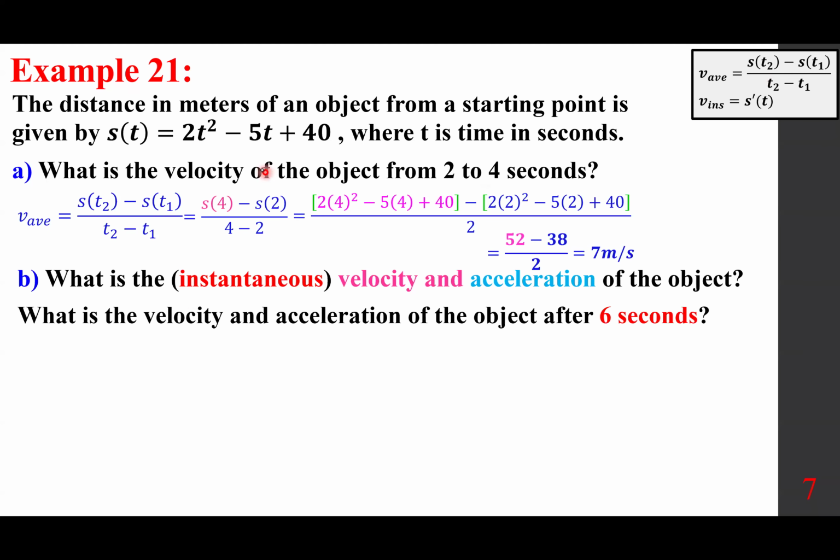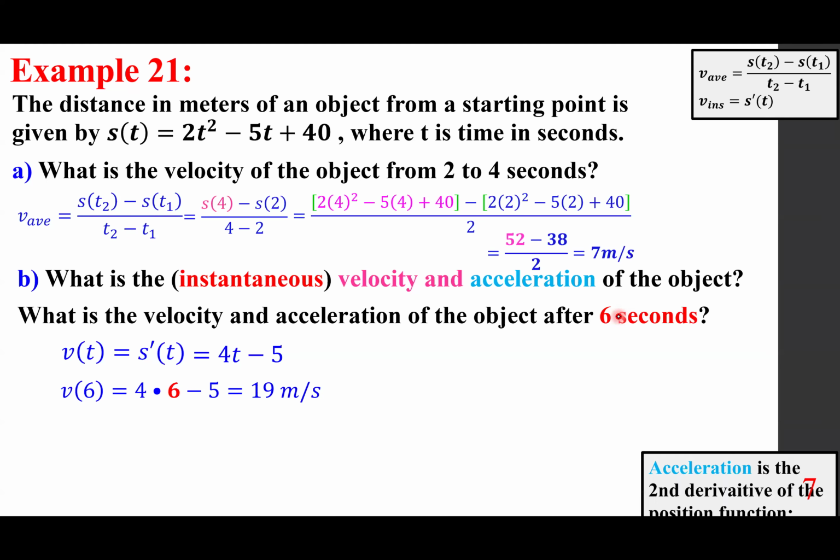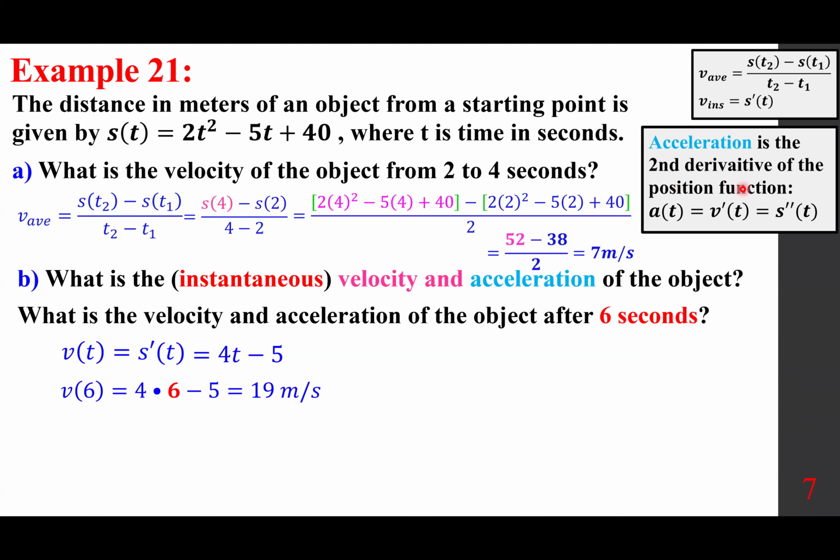What is the instantaneous velocity and acceleration? Now we are going to go with the derivative. V is S prime, 4t minus 5, at 6 seconds. 4 times 6 minus 5 is 19 meters per second. Acceleration is the second derivative of the position function. So A is V prime or S double prime.